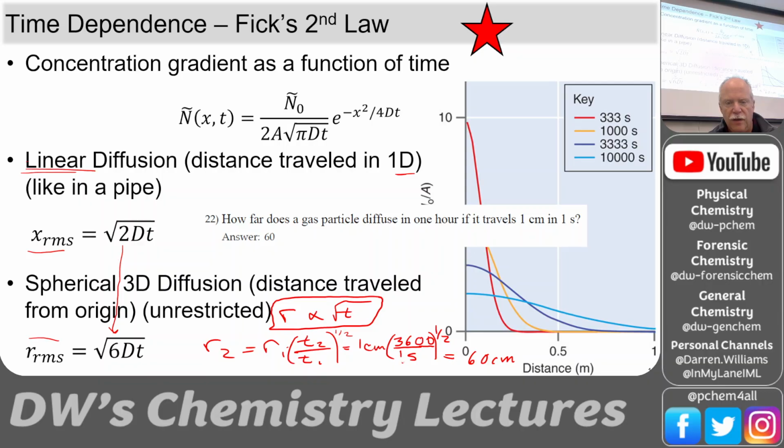And so if it goes 1 centimeter in 1 second, that's R1 and T1, then there's 3,600 seconds in an hour. And so 3,600 divided by 1, and take the square root of 3,600, you get 60. So we'll go 60 centimeters. If it was directly proportional, it'd go 3,600 centimeters.